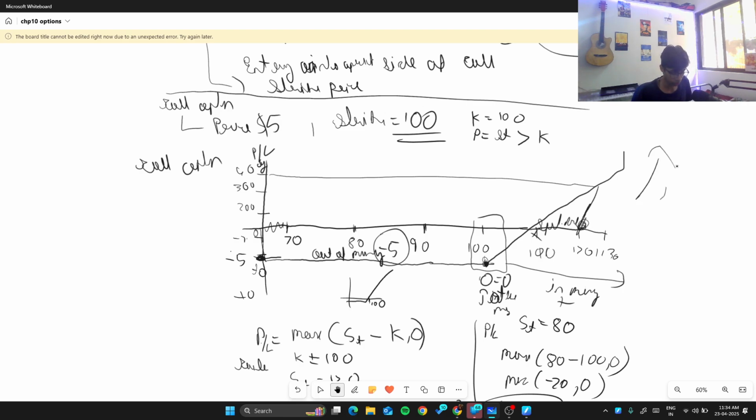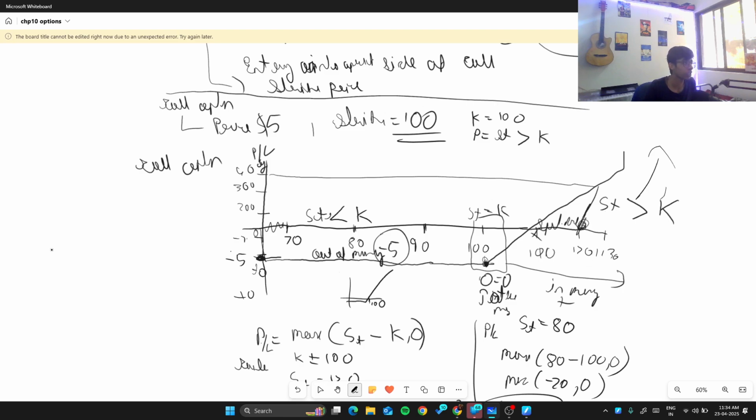That is the terminology we have to understand. We can denote the price as ST. If ST is less than K, we are out of the money. If ST equals K, we are at the money. And if ST is greater than K, we are in the money.